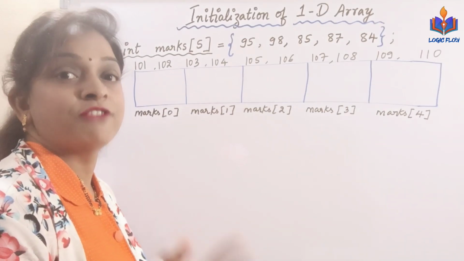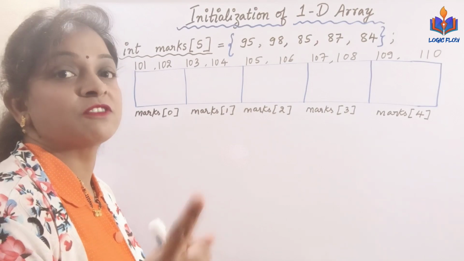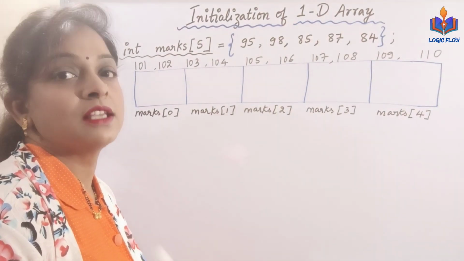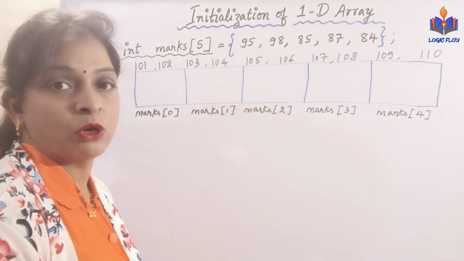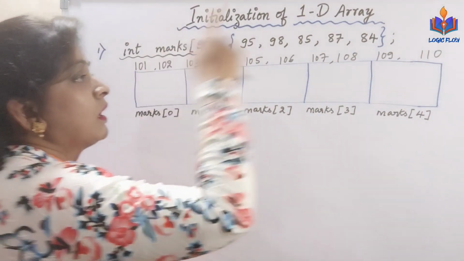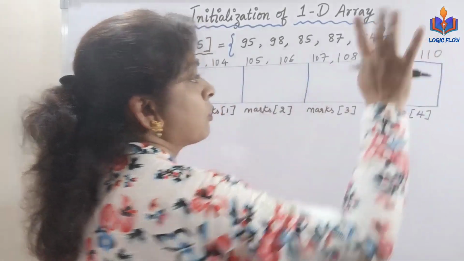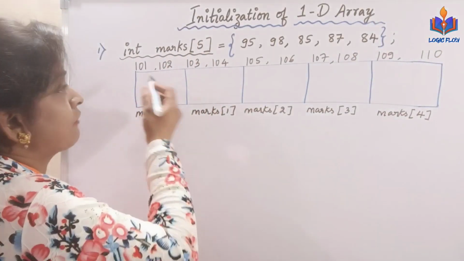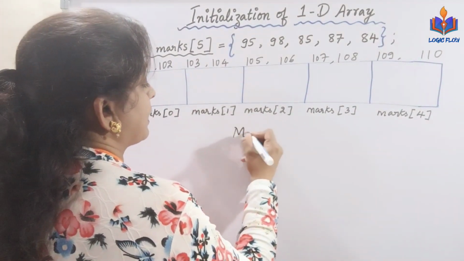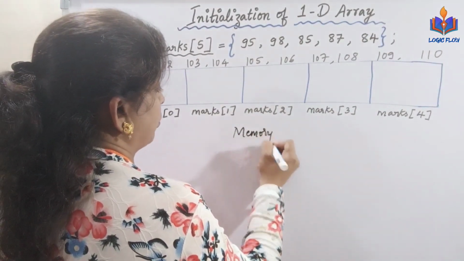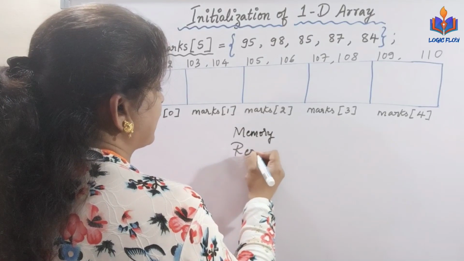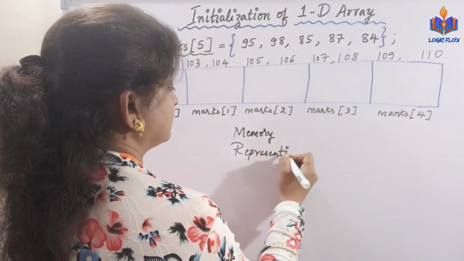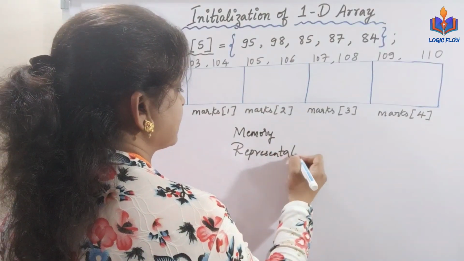Totally 5 values I need to store, so it is 5 into 2, 10 bytes of memory it has to allocate. Assume the memory has been allocated from 101; totally 10 bytes means up to 110 to store 5 values, each requiring 2 bytes. I have given this memory representation also. This is the memory representation of arrays.